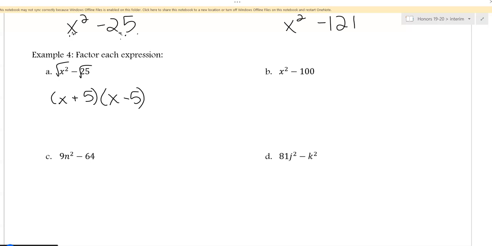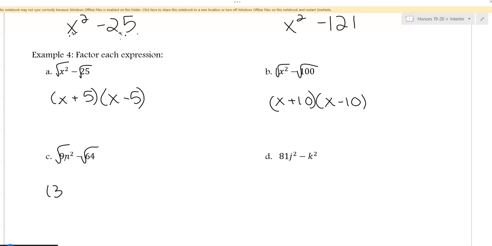Square root of 81 is 9. Square root of j squared is j. Now I have a k squared. The square root of k squared is just k. So it doesn't matter that I have multiple variables. It's still the same idea, just taking the square root of both of those. These are nice and quick.